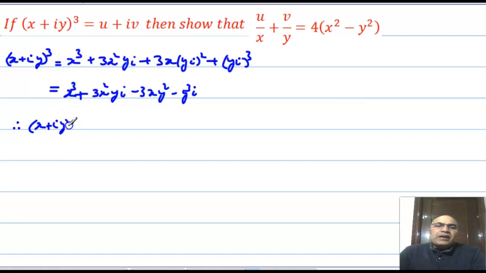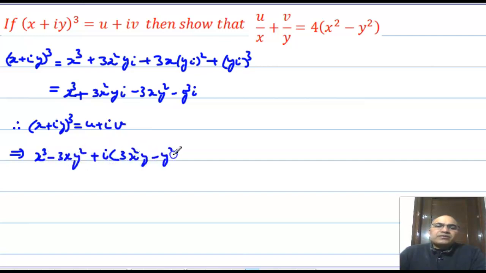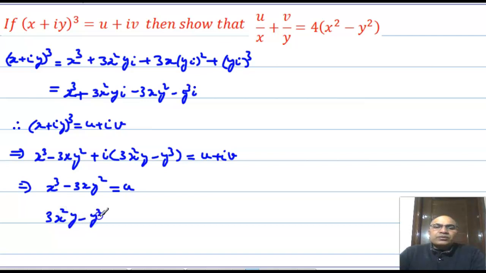Therefore (x plus iota y) whole cube equals u plus iota v, which implies, comparing real and imaginary parts, x cube minus 3x y square equals u and 3x square y minus y cube equals v.